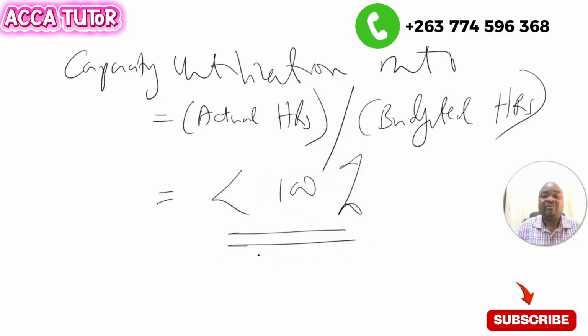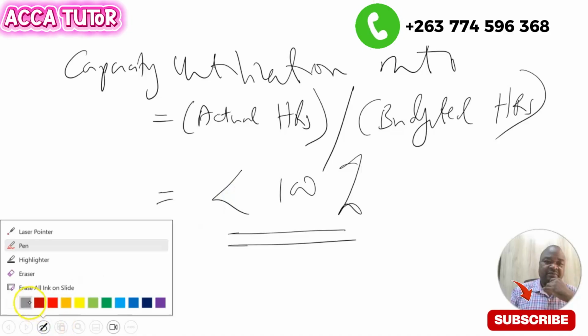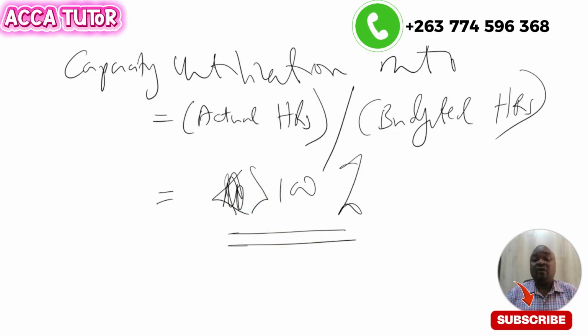If we get a ratio that is greater than 100%, it simply means that we are using more hours than budgeted, or we took more hours than budgeted. All right.